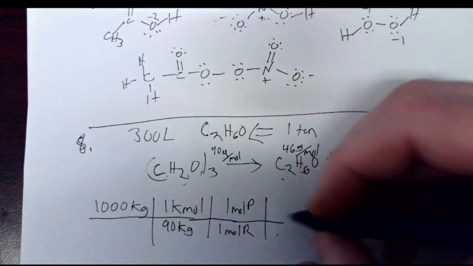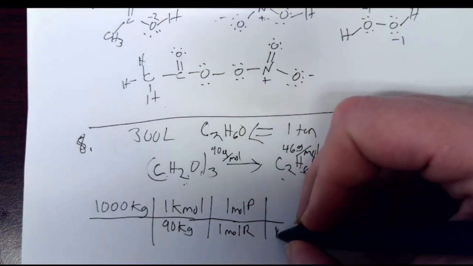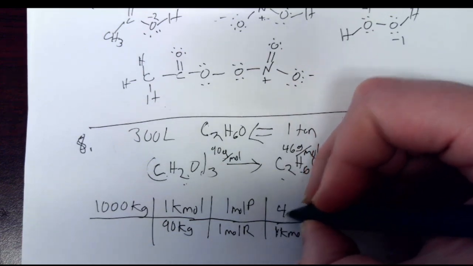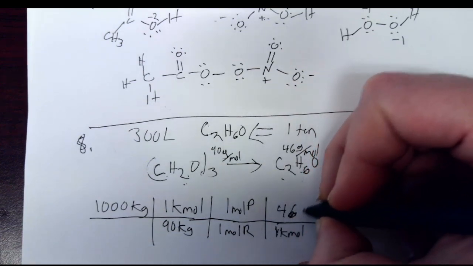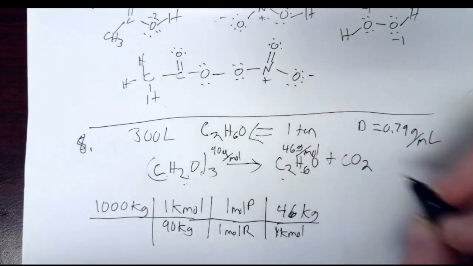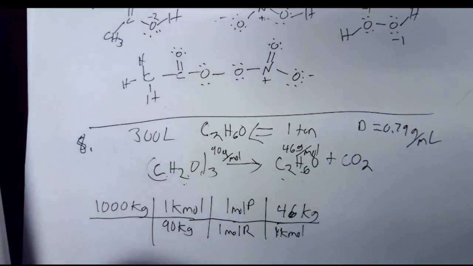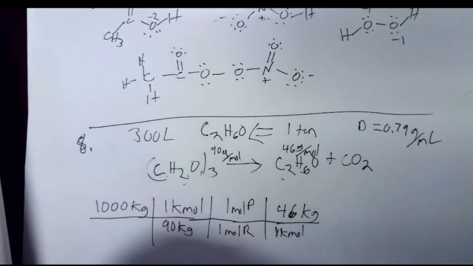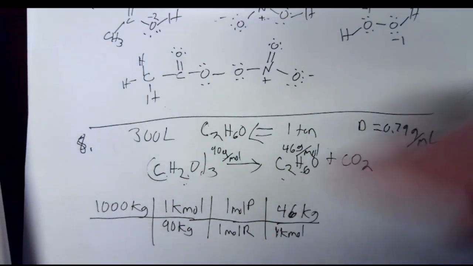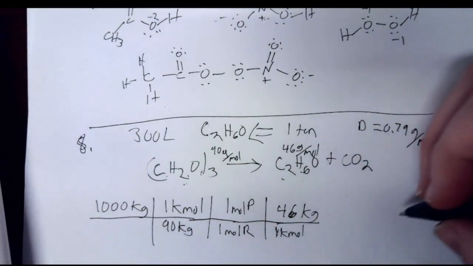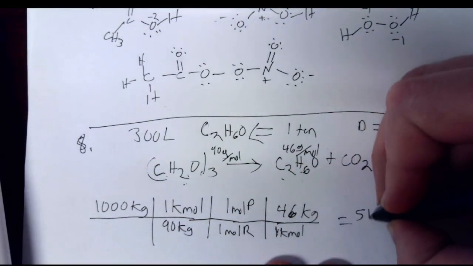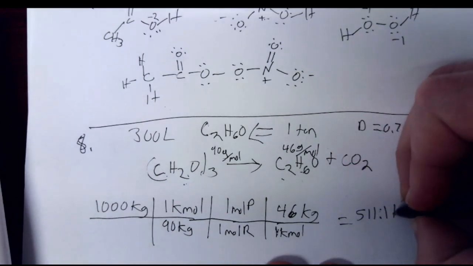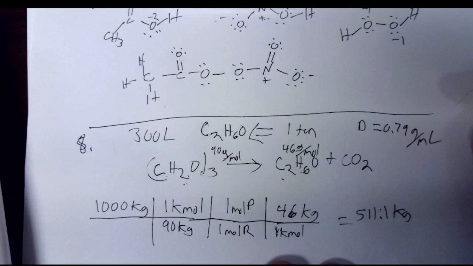That means we would be able to get 1 kilomole, 46 kilograms. So 1,000 divided by 90 times 46 means we would only be able to get 511.1 kilograms of ethanol.